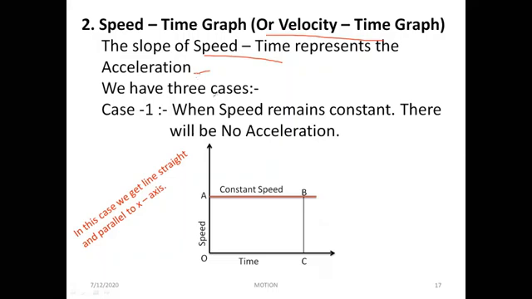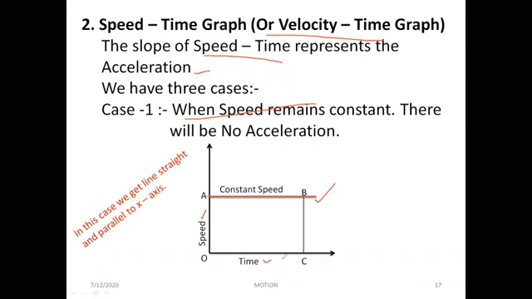So we have three cases here. When the speed remains constant, अगर speed जो है किसी object की constant है, then we will get the line like this. Okay, we will get a straight line, and which will be parallel to x-axis. अगर हमारी जो speed है that is constant, and we draw speed on y-axis and time on x-axis, then we will get the straight line which will be parallel to the x-axis.